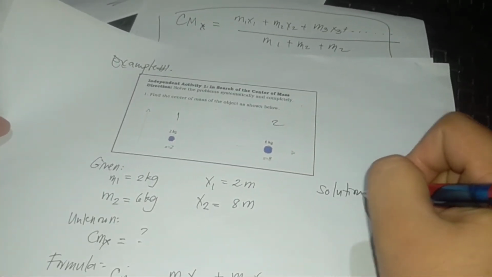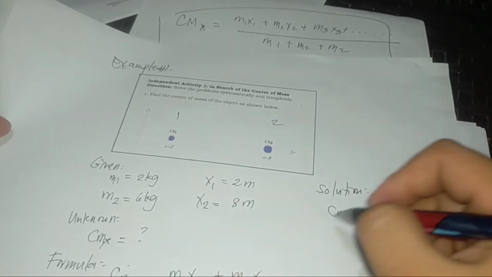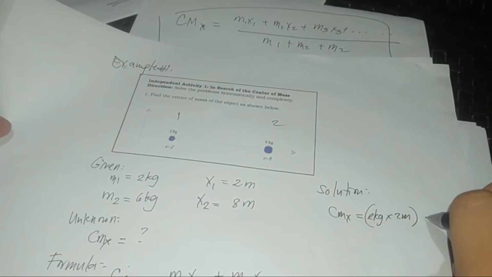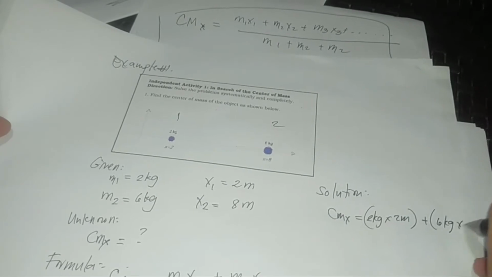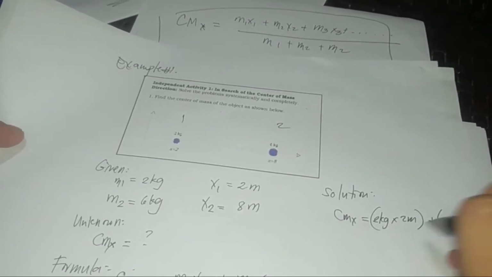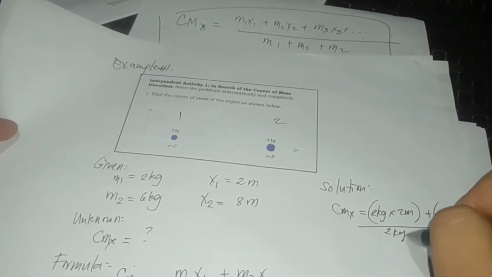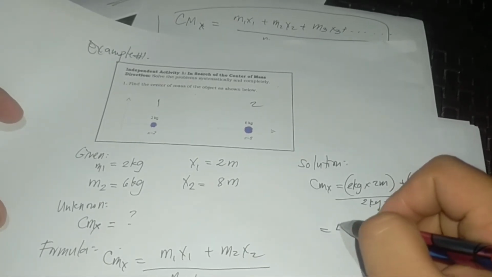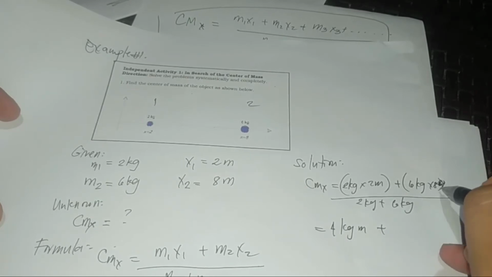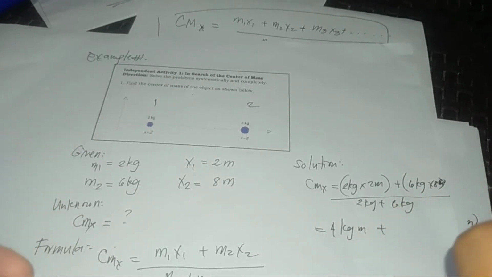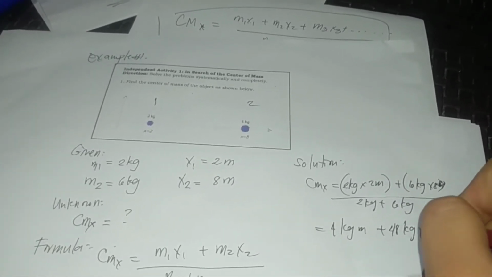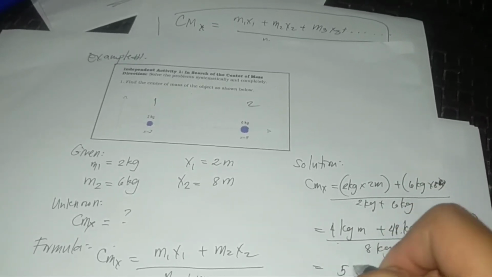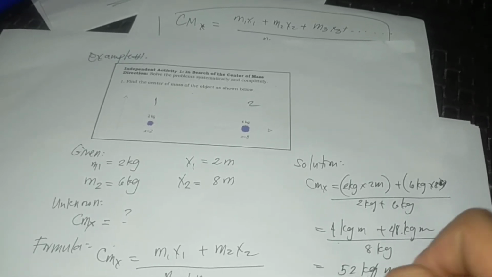For the solution, CMx is equal to, substituting the values, m1 is 2 kilograms multiplied by x1 is 2 meters, plus 6 kilograms times 8 meters, divided by 2 kilograms plus 6 kilograms. So 2 times 2 is 4 kilogram meters, plus 6 times 8 is 48 kilogram meters, divided by 2 plus 6, which is 8 kilograms. That equals 4 plus 48, 52 kilogram meters divided by 8 kilograms. Cancel kilograms.